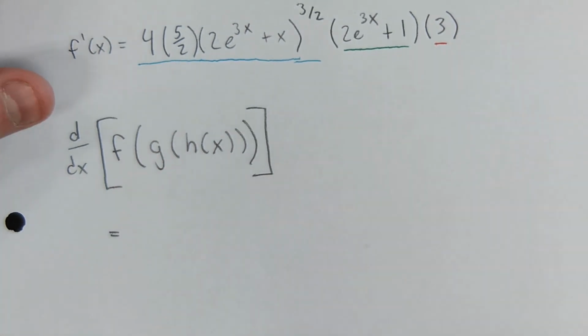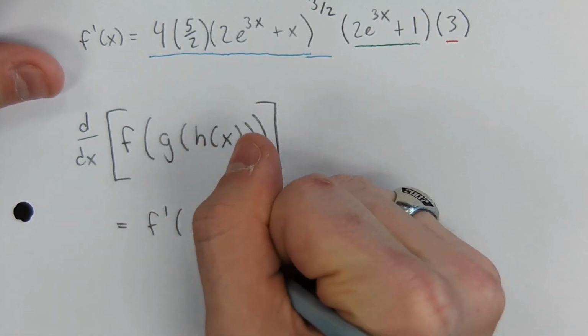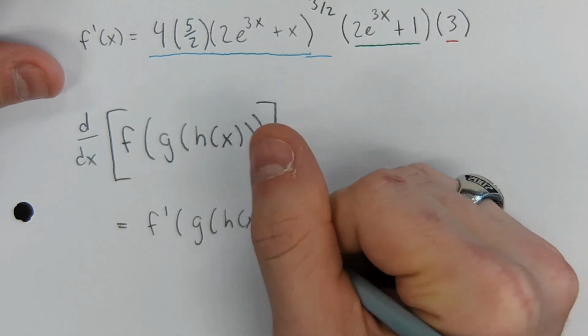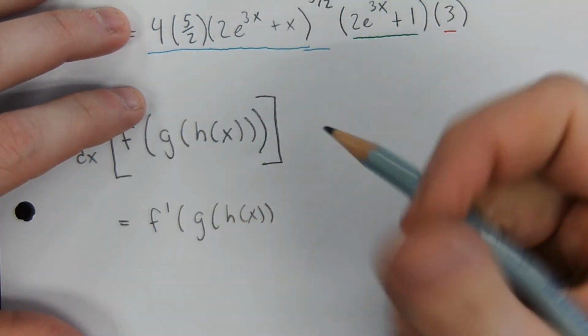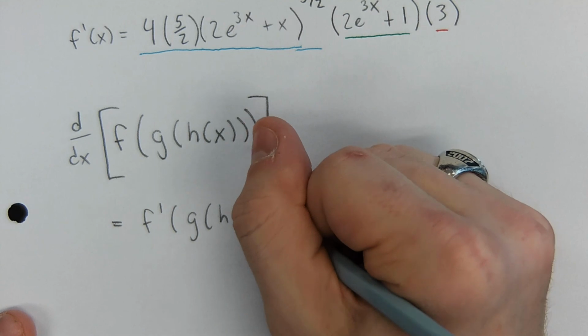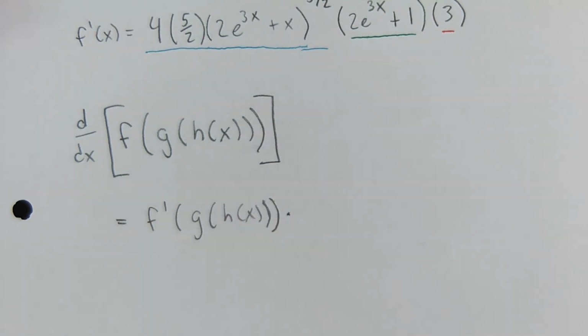What you would get is the derivative of the outside without touching the inside. Counting parentheses. 1, 2, 1, 2. Okay. And then here's f like that. Did I close those correctly? Yeah. Okay. So here's the derivative of the outside times the derivative of the inside.